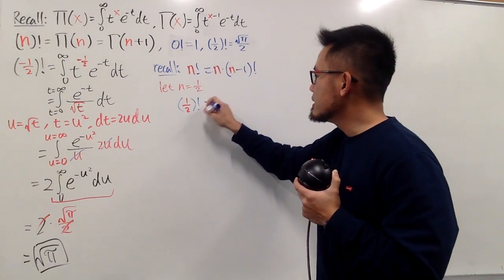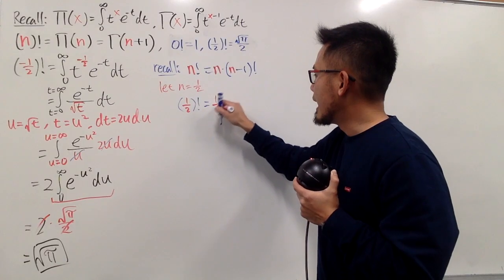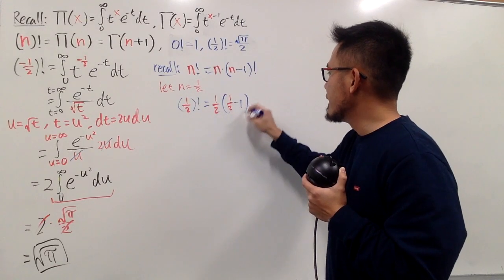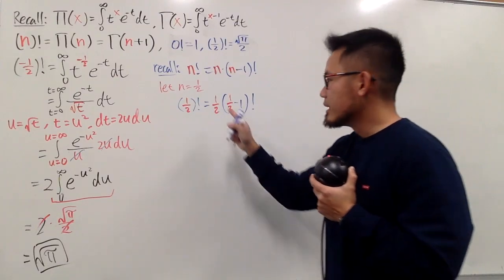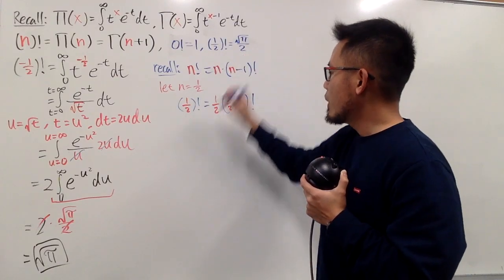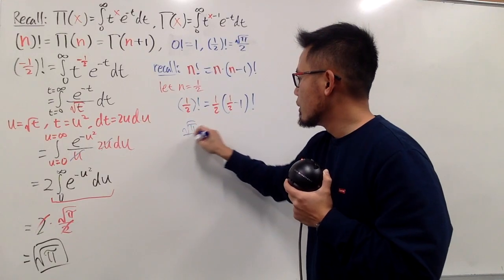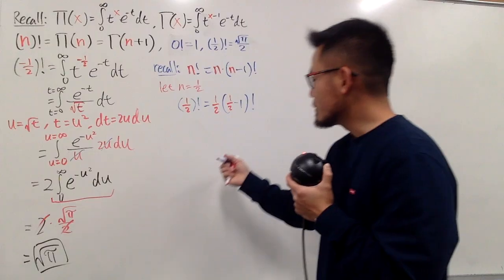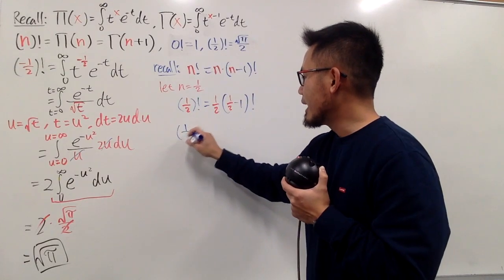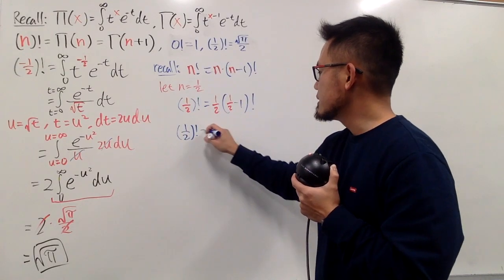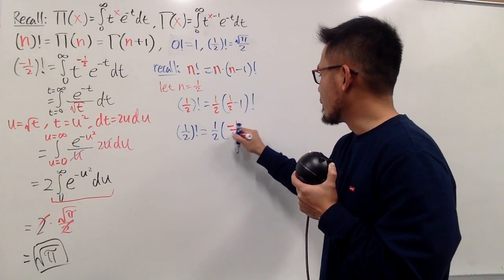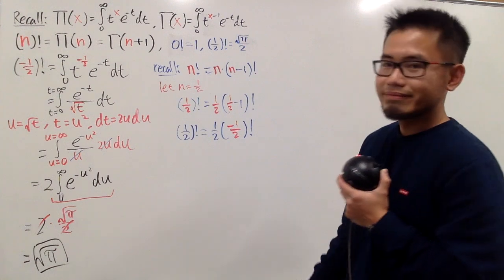And then this is equal to, n is 1/2, and here we have 1/2 minus 1, and then we do the factorial. And this right here is square root of pi over 2, right? But let me not write that down yet, because I want to show you guys the next connection. This is just 1/2 factorial, and this is equal to 1/2 times negative 1/2 factorial, right?